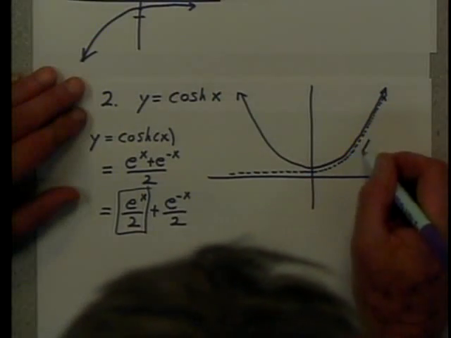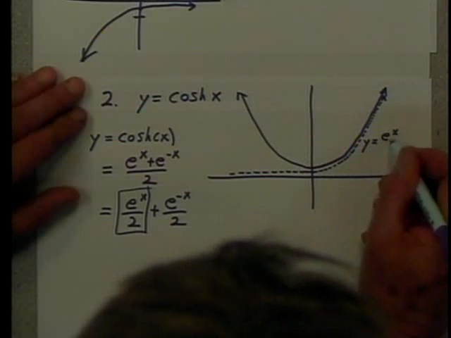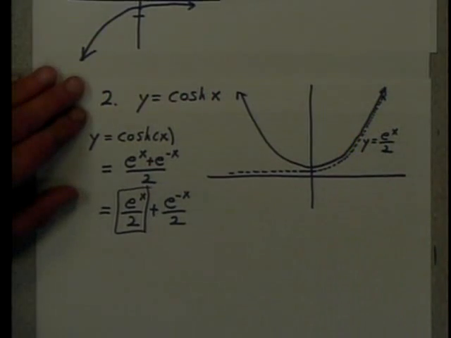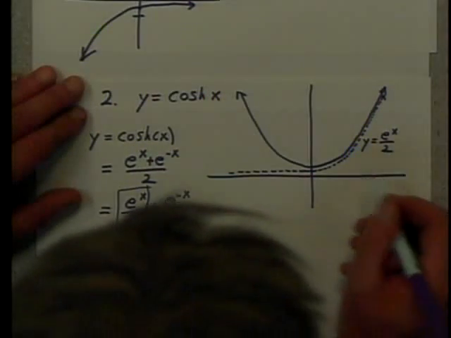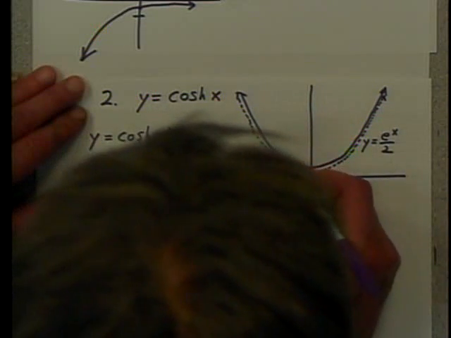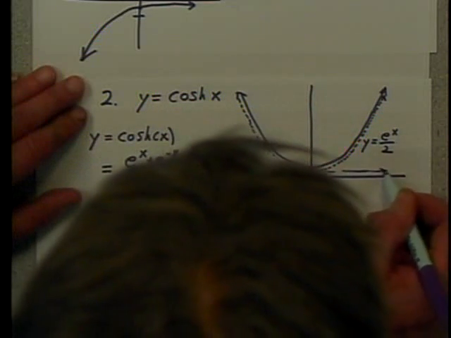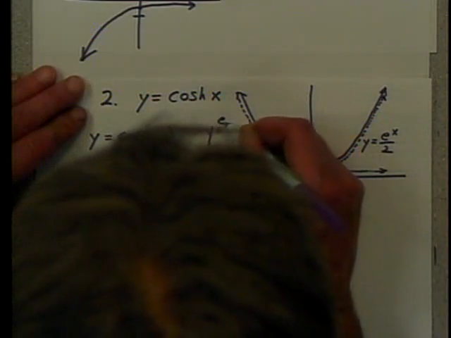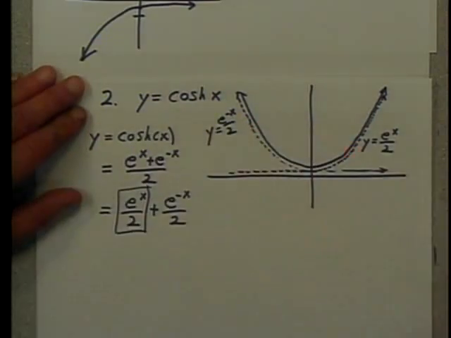And this one is y equals e to the x over 2. What about the other branch? Well, that's going to follow this one on the left, and that's y equals e to the minus x over 2.